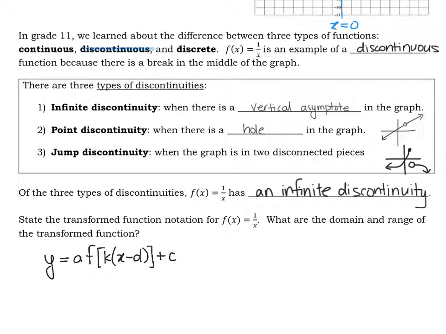So that means when we have our specific function f of x equals 1 over x, we're going to end up getting y equals, or you can write g of x equals if you prefer, a over k bracket x minus d, plus c. This is bothering me a little bit, so I'm just going to rewrite the y equals, sorry.